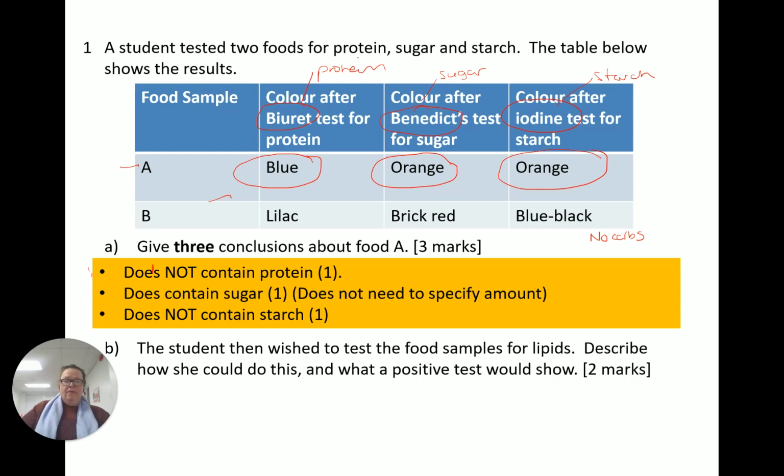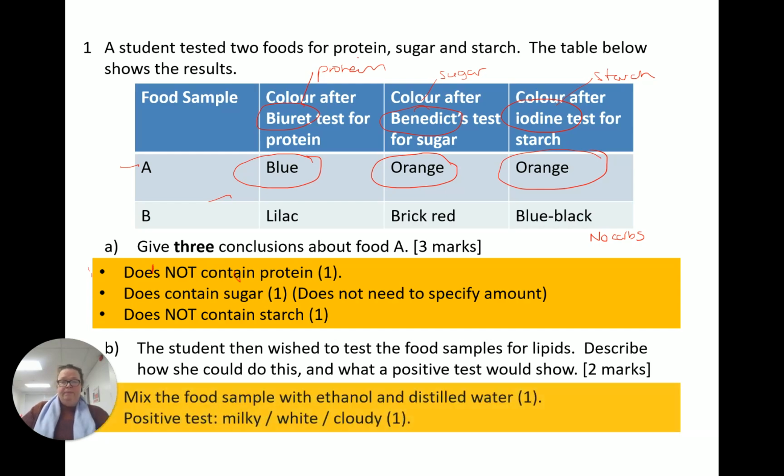Right, question B. The student then wished to test the food samples for lipids. Describe how she could do this and what a positive test would show. Right, so it's 2 marks. So we could talk about preparing the sample, but actually it's only 2 marks. So we need to get in there the lipid test, which is ethanol, and the white emulsion.